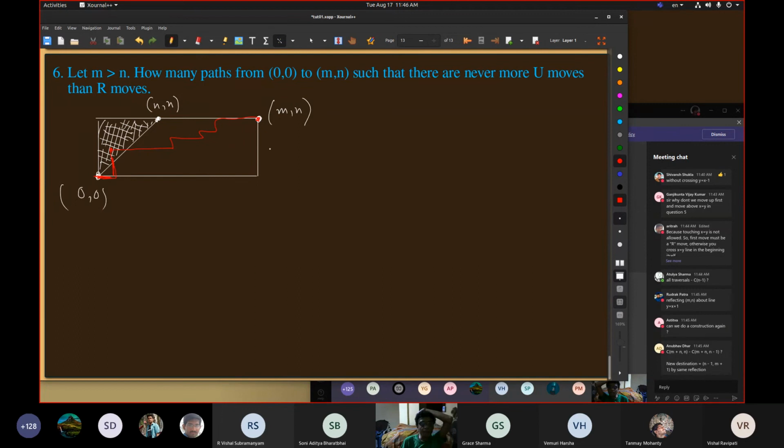Sir, can we proceed in a similar way like we proved the Catalan? Means the first occurrence at k comma k plus 1, and then we can just mirror the path, and we can subtract the number which we obtain from the total paths. Exactly. That's, I think, the best way of doing it. Yes.